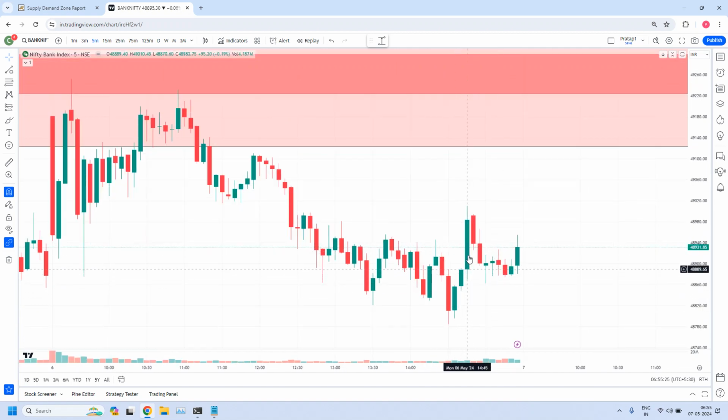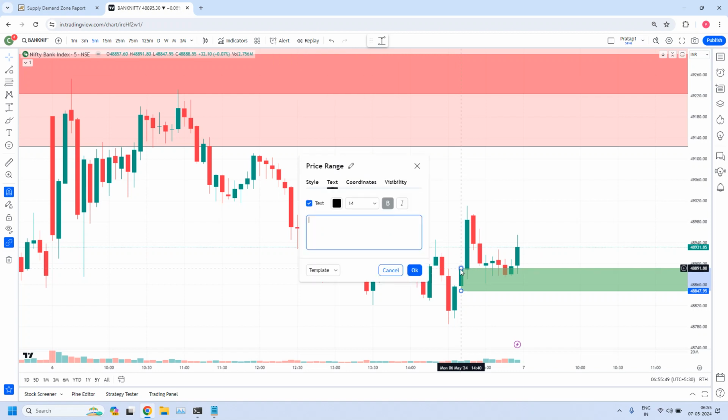We have a rally, base, rally. But remember, this is a low priority, high liquidity zone. It's not that low priority a zone, maybe that is a wrong word. Among high liquidity zones, this is the low priority, high liquidity zone category.